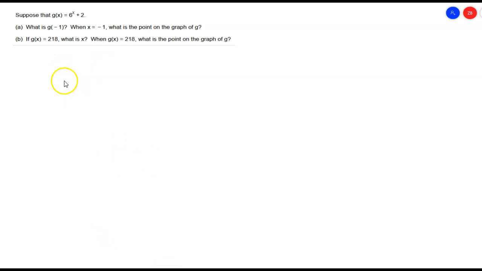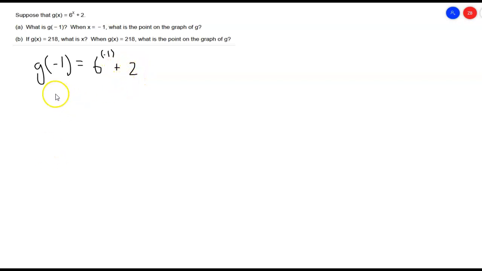So all I'm going to do is look at g evaluated at -1, which means we pull up that function, and wherever there is an x, we replace that x with a -1. So it's going to look like this.